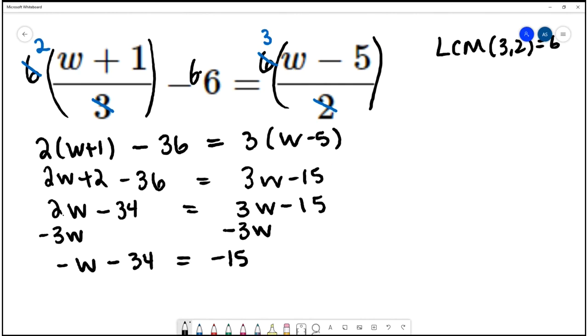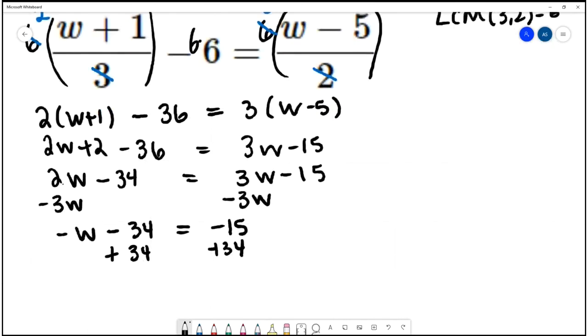Now that I've got the w on one side, I'll isolate that w. So to isolate, I add 34 to both sides. This gives negative w equals 19. Let me double check that math.